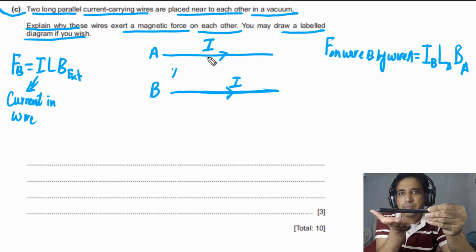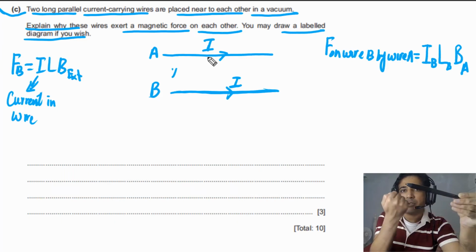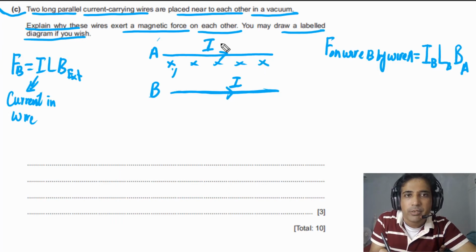Thumb has to be pointing towards direction of current. So current is to the right. So if you place your right hand, you will see under this wire, magnetic field is pointing into the page. But above this wire, magnetic field is pointing out of the page. But we are interested only under this wire. So we can draw magnetic field here. So magnetic field under this wire is into the page due to wire A.